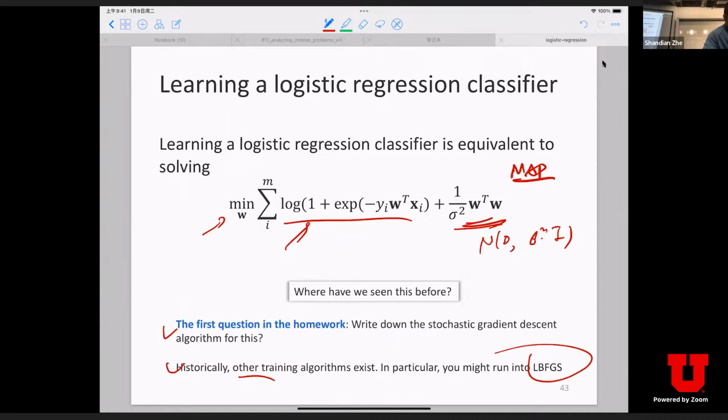Here we use a Gaussian prior, but in practice, another very common choice is the Laplace prior. Why? Because people believe that among the 1 million features which could be thrown into logistic regression, many are useless, so they want to drive a lot of weight elements to 0. In that case, the Gaussian prior won't be very good.